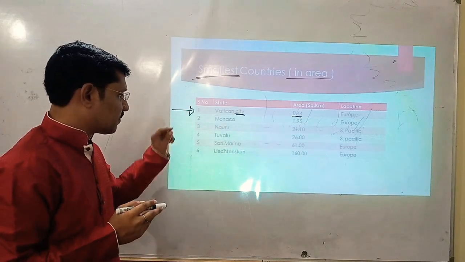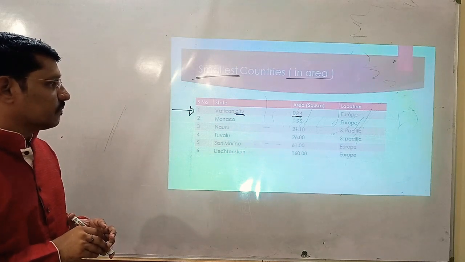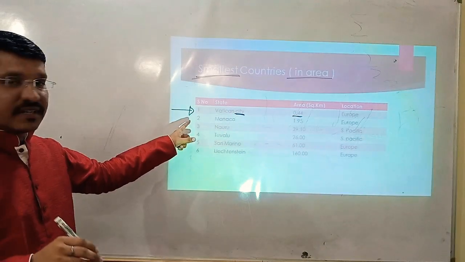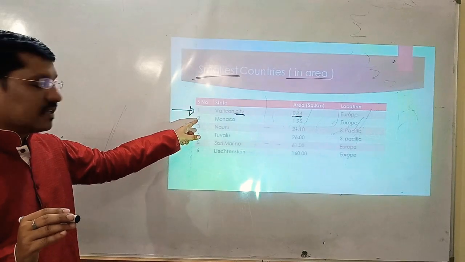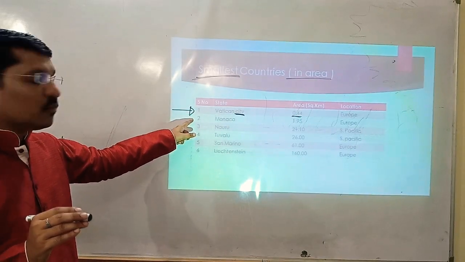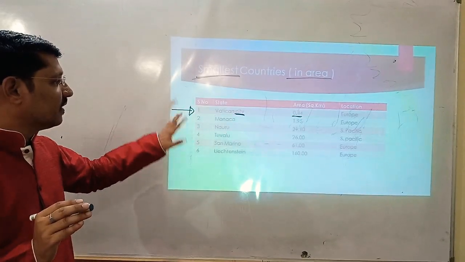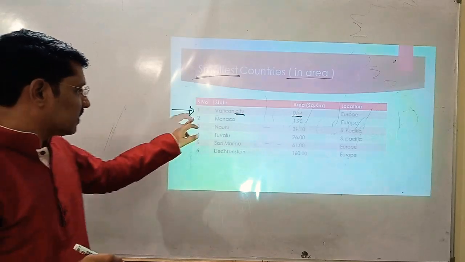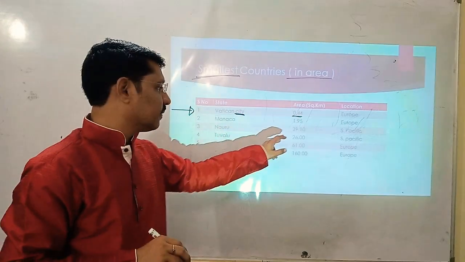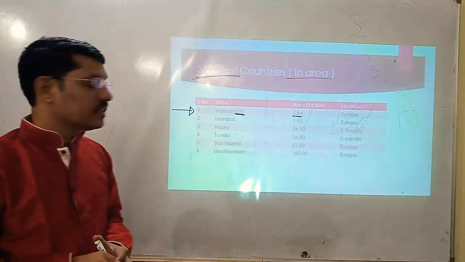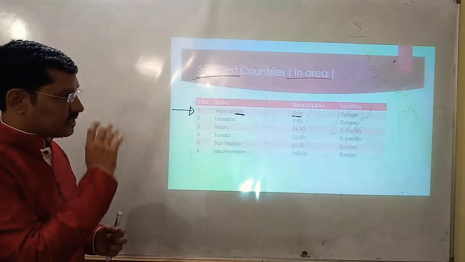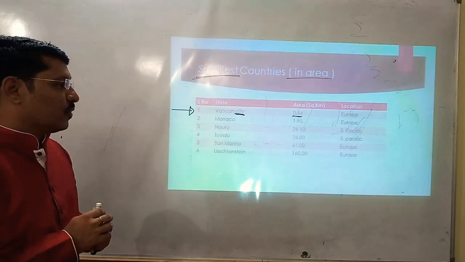Then the second smallest country is Monaco. Monaco is a brand, but it is the name of a country. It is not Monaco biscuit, it is the name of the country. That is the second smallest country in the world, with size 1.95, and it comes under Europe only.